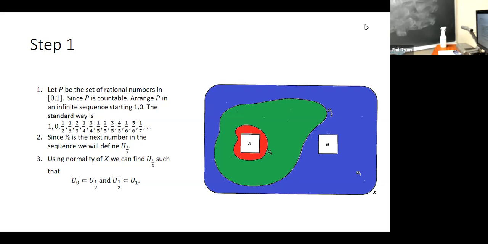Okay, so we've defined U1 and U0, so let's define it for the next number in the sequence, which is a half, so we want U1/2.